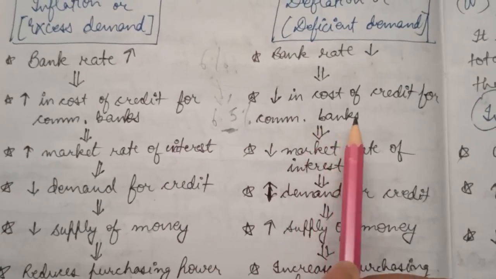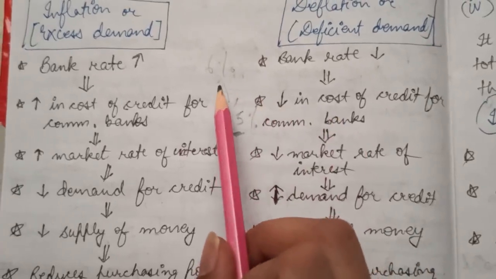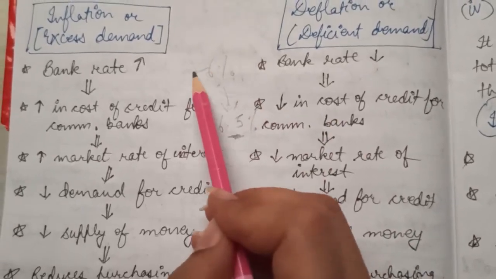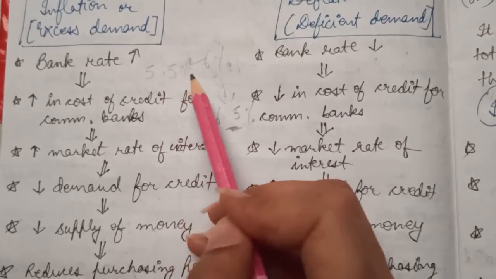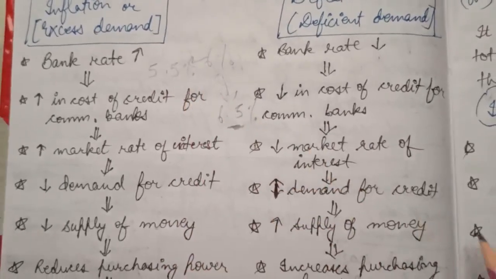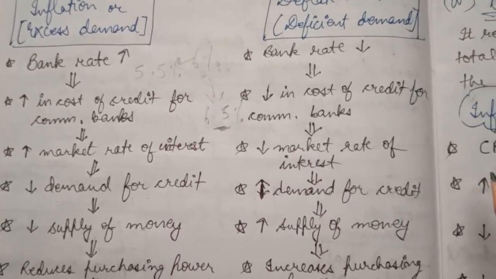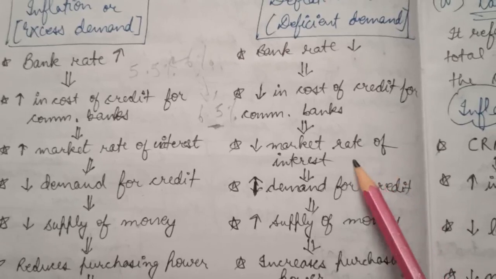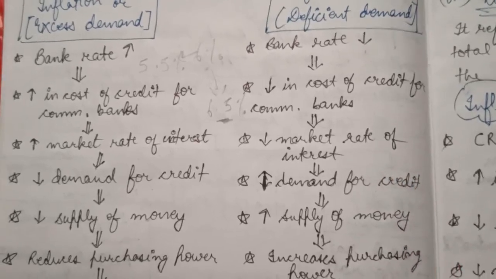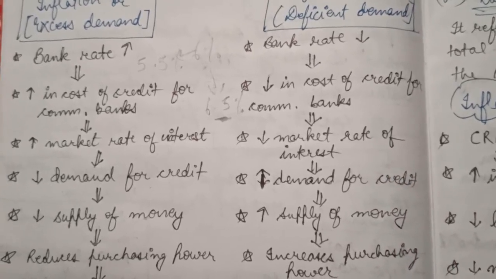Now in case of deflation, the rate of interest or the bank rate will be decreased, maybe from 6 to 5.5%. That is, less interest is to be given by the commercial banks on the loans taken from the central bank, and further they will decrease the market rate of interest, and the situation of deflation will be controlled.